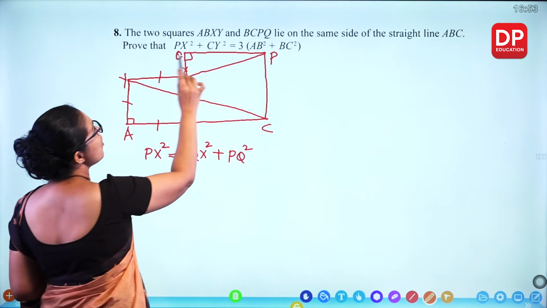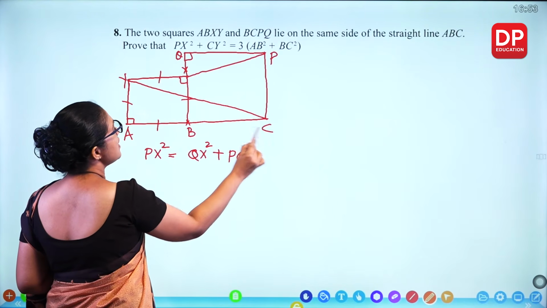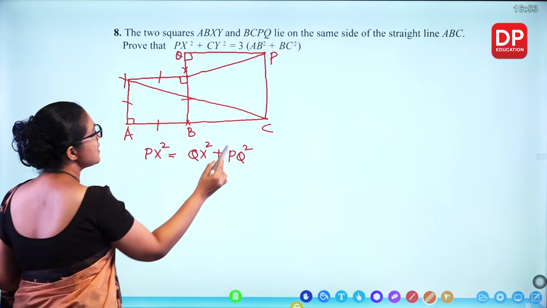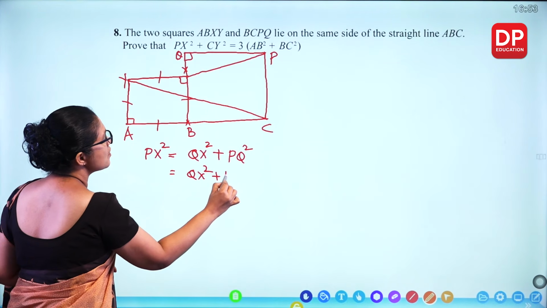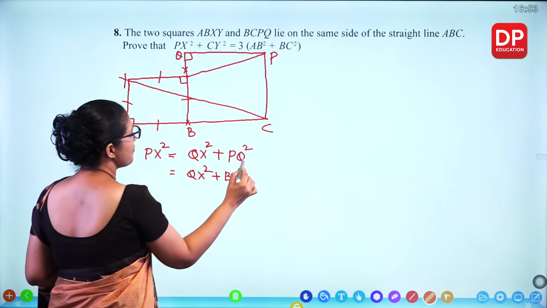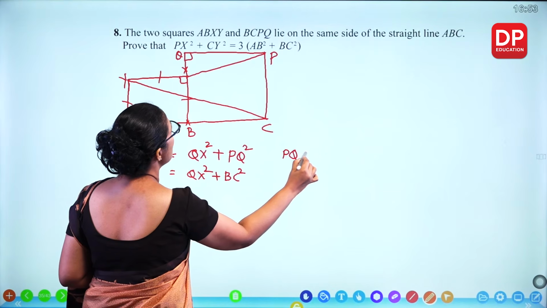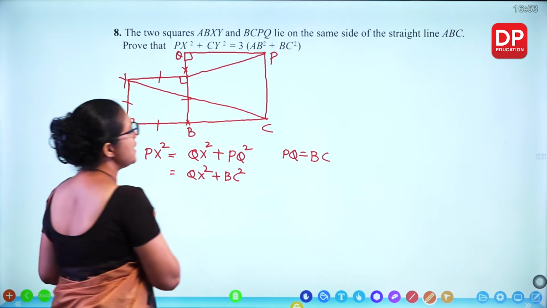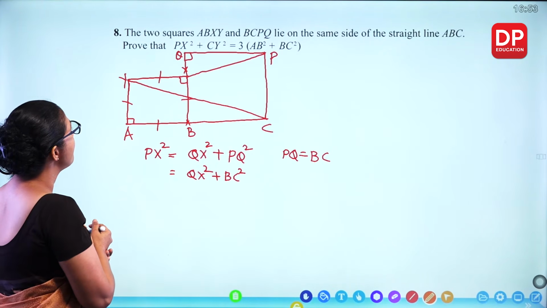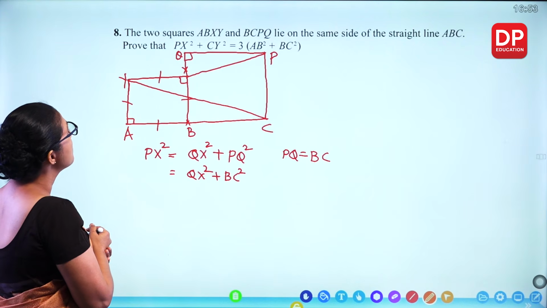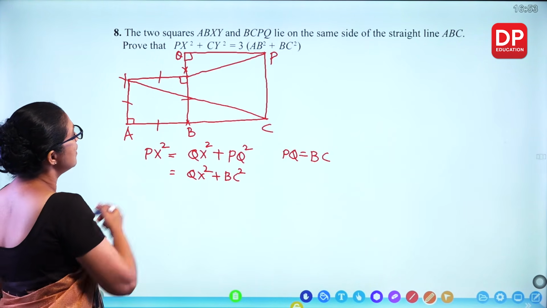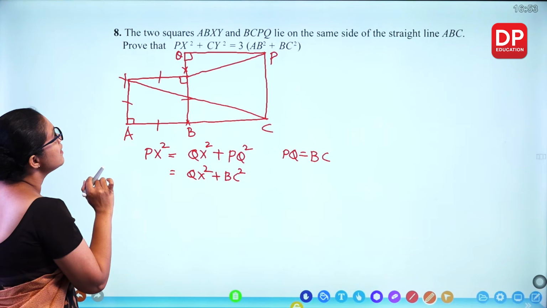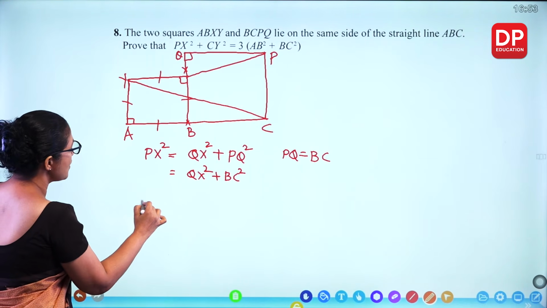Now PQ is not there, so I can write instead of PQ, BC squared, because PQ is equal to BC. Then QX squared I'll keep as it is. Then next one is CY squared.